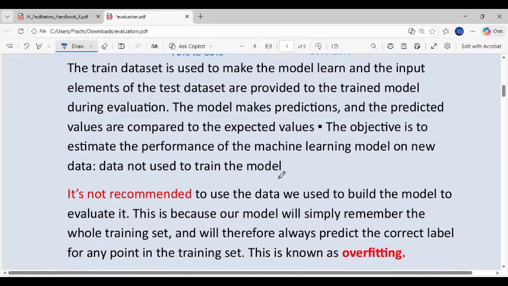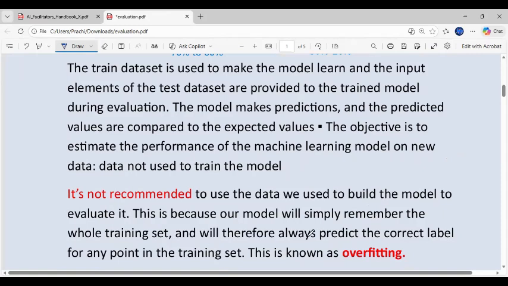Now, it is strongly recommended that you should not use the same data which you used to build the model to evaluate it. It is because whenever your model is being trained, it simply remembers the whole training data set.